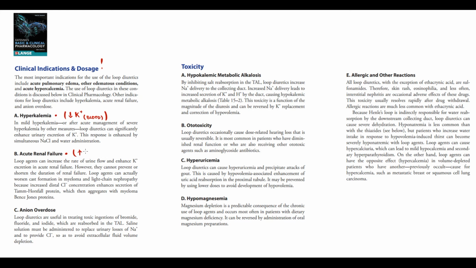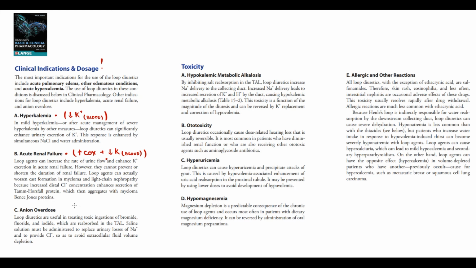First of all, they increase the activity of COX enzyme, which results in increase in production of prostaglandins. And prostaglandins cause vasodilation of renal afferent arteriole, which will cause increase in urine flow. And also, because in acute renal failure, potassium level becomes extremely high, loop diuretics can help us to eliminate extra potassium molecules.